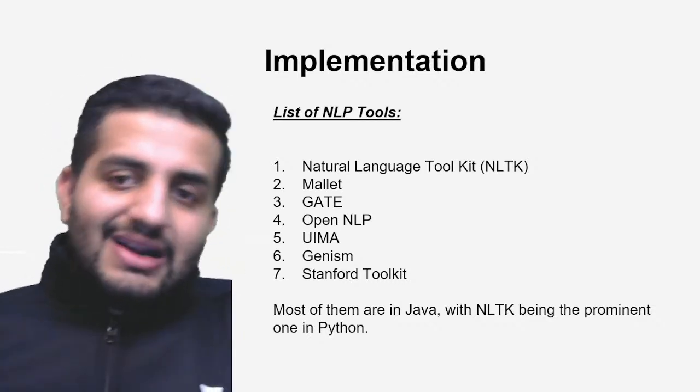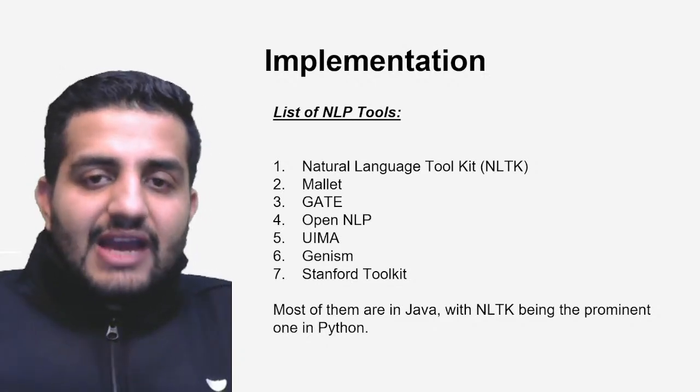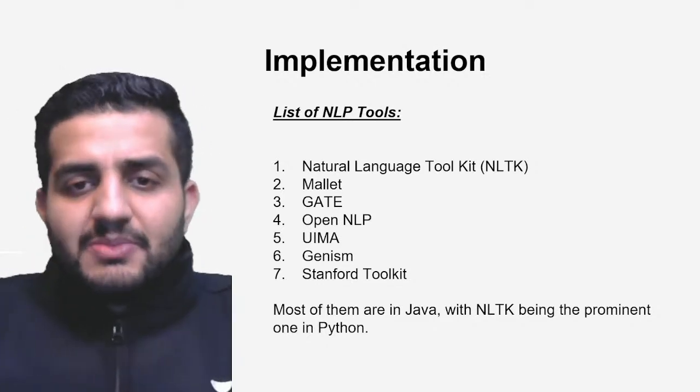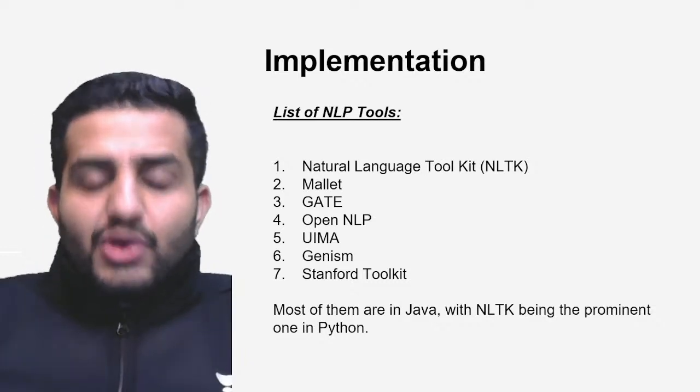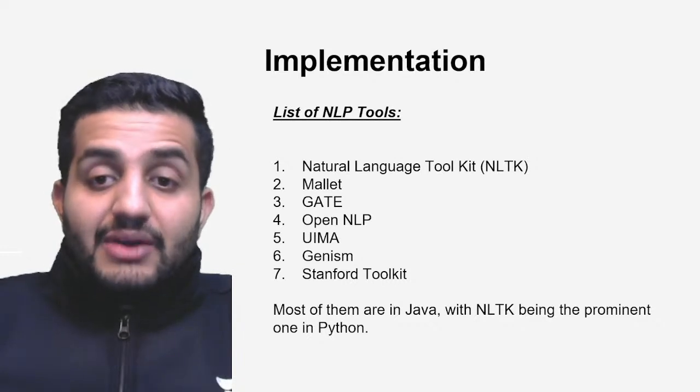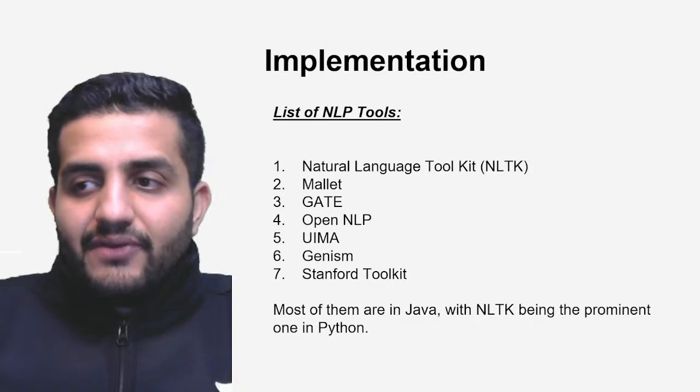So I have NLTK, which is the Natural Language Toolkit. I have Malay, Gate, OpenNLP, UIMA, Genis, and Stanford also provides the Stanford Toolkit. Most of them are in Java, with NLTK being the prominent one in Python. NLTK you would have heard of.